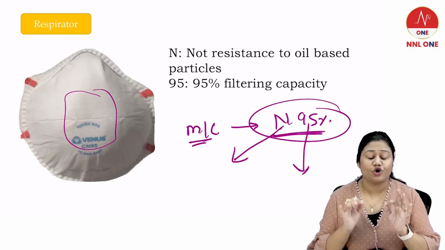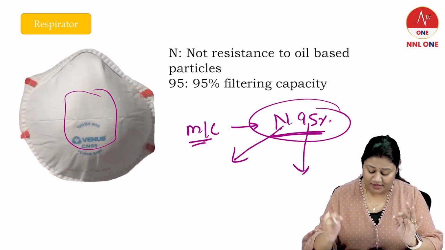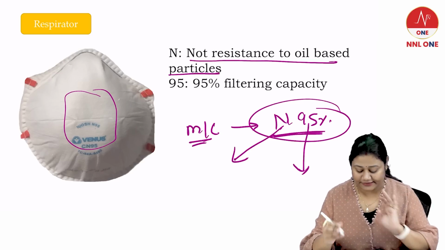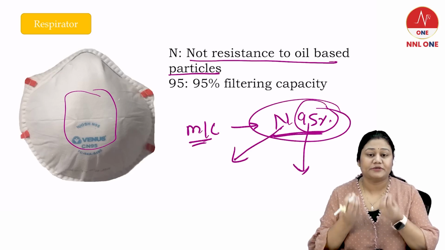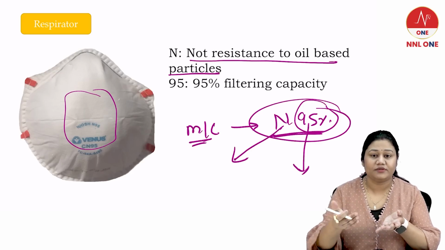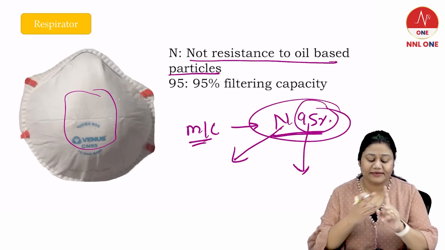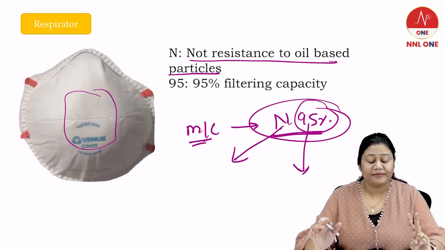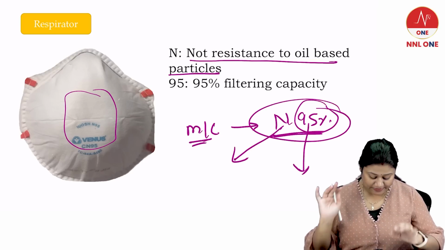N means it is non-resistant to oil based particle. N stands for not resistant to oil based particle. 95% is the percentage it can filter out the airborne particle, right? So it can filter out 95% air particle. And N means it is not resistant to oil based particle, right?